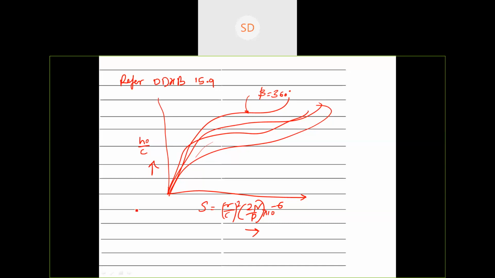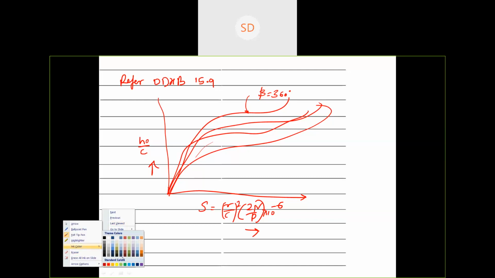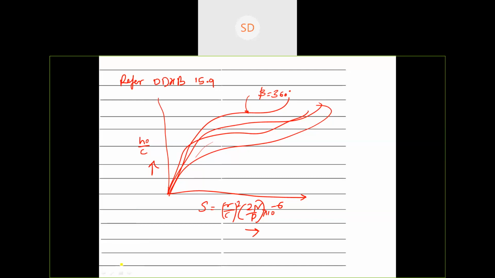So let us note the value you got here. Now you got 7.62 here. This is the value of S. Just move here with respect to that one. Now you got an intersection point.